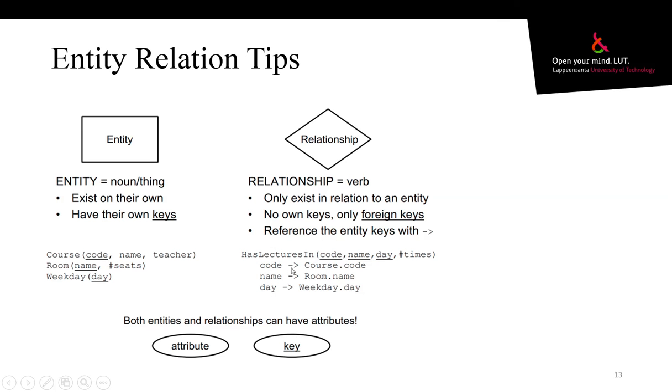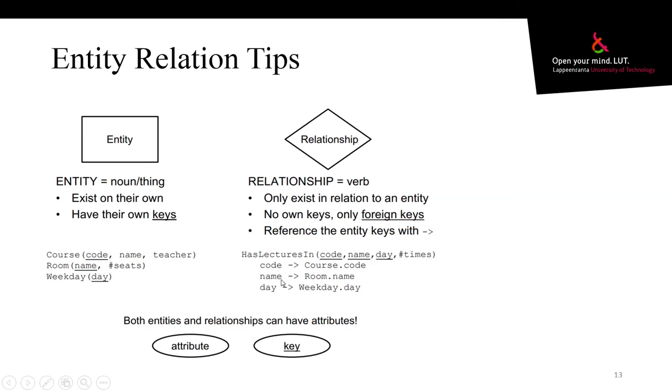So you can see here that this is usually represented in this format. The code here is relating to the entity course, sorry for that. It's relating to the entity course and referring to the course code.